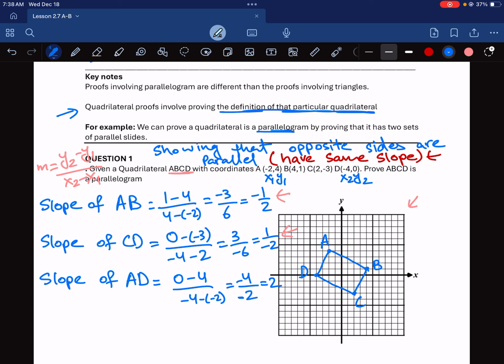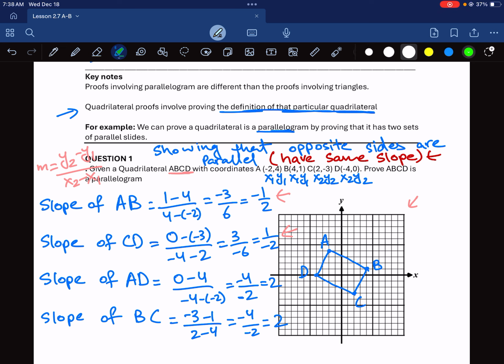All right, so let's go and find the slope of BC, which is going to be -3 minus 1 over 2 minus 4, which is -4 over -2, which is also 2.